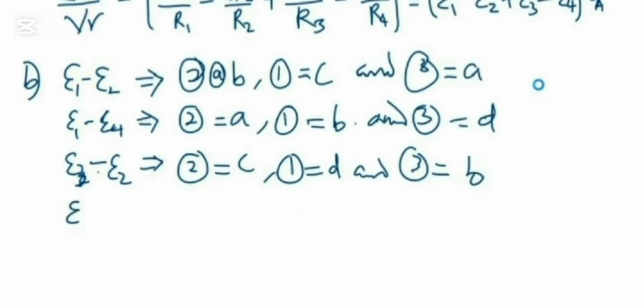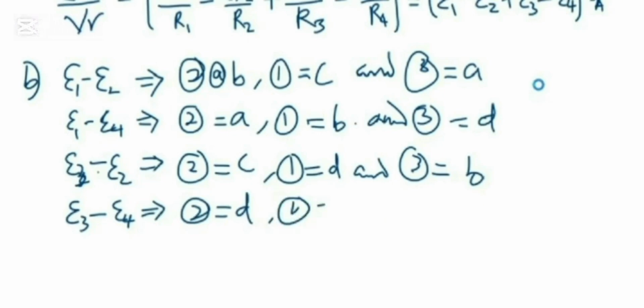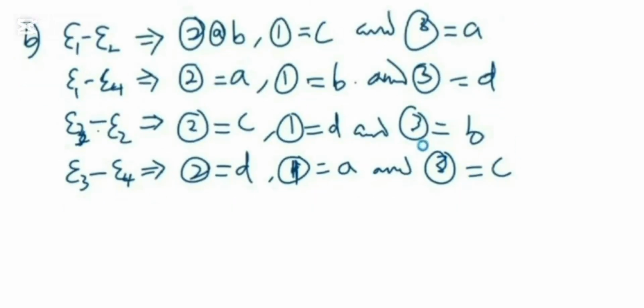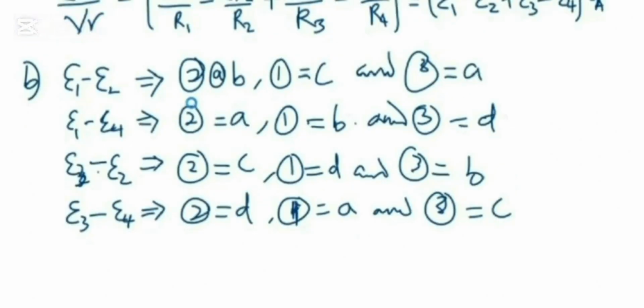If you have this scenario, it means 2 should be placed at D, point 1 should be placed at A, and point 3 should be placed at C. So these are the various combinations we can have. Each combination you write is an answer.